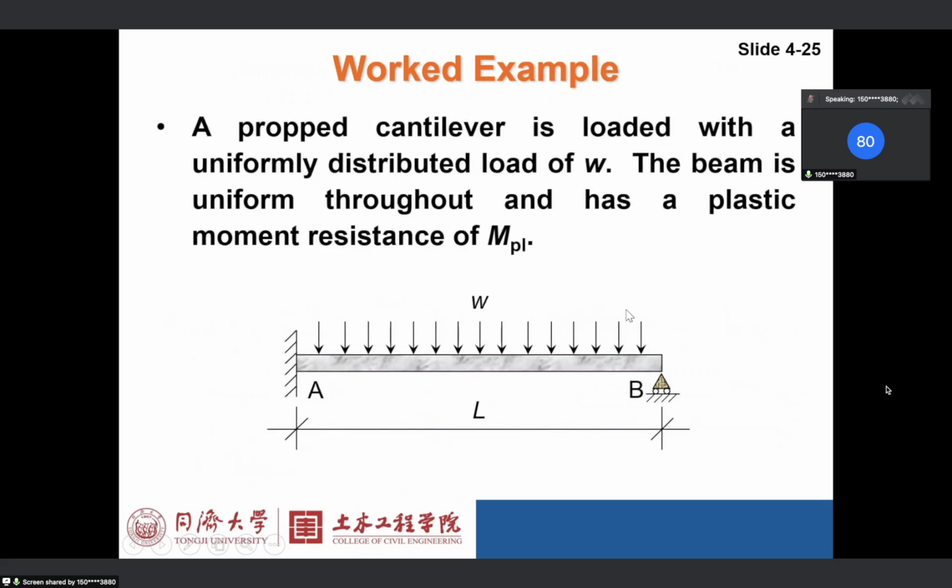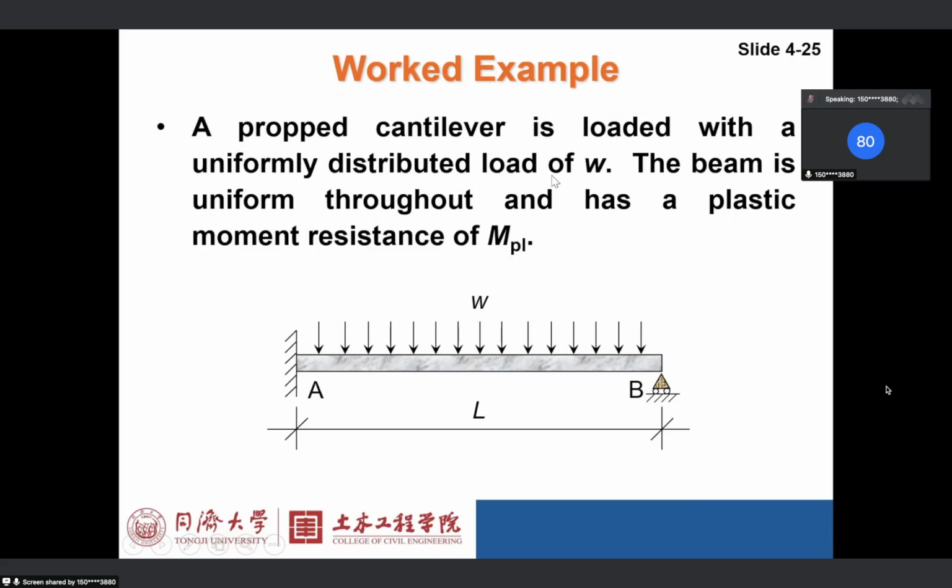Let's look at the example here. A propped cantilever is loaded with a uniformly distributed load of W. The beam is uniform throughout and has a plastic moment resistance of MPL for the cross section.